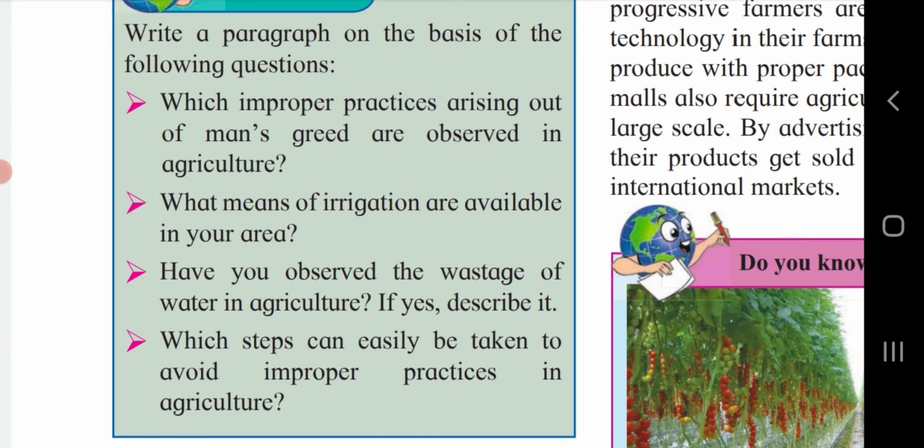Also, overwatering makes the land saline and fallow. The steps that can be taken to avoid these improper practices are the usage of modern irrigation methods like drip irrigation and sprinkler irrigation to reduce the wastage of water, and usage of chemical fertilizers only if required and in the required quantity. So it will be beneficial.